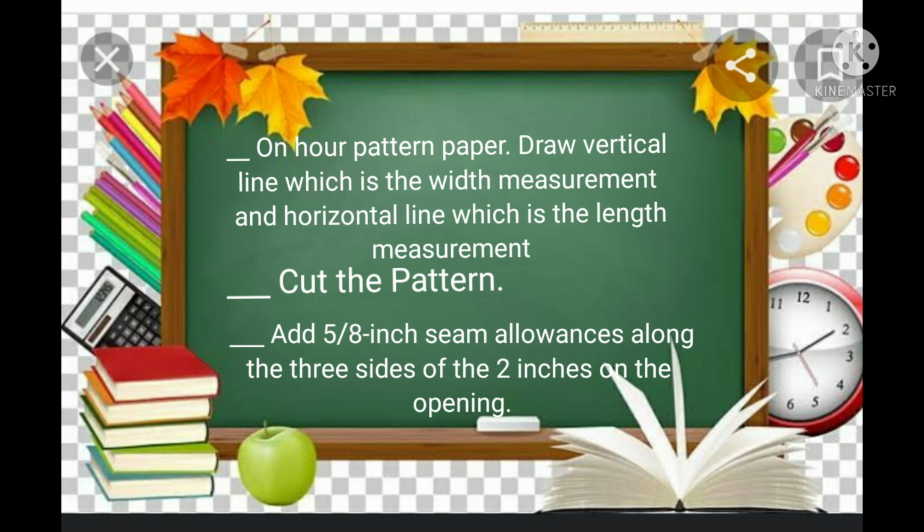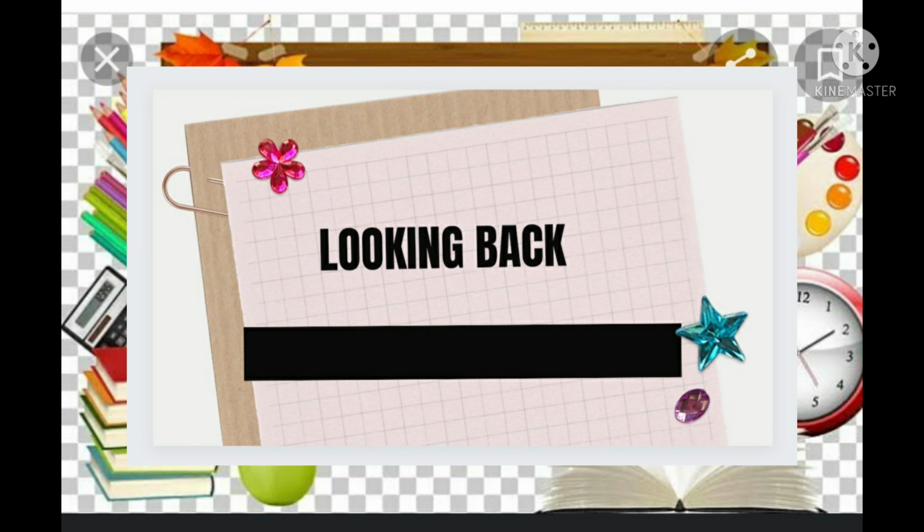Number 3, on your pattern paper, draw a vertical line which is the width measurement and a horizontal line which is the length measurement. And number 4, cut the pattern. And number 5, add 5/8 inch seam allowances along the 3 sides and 2 inches in the opening.